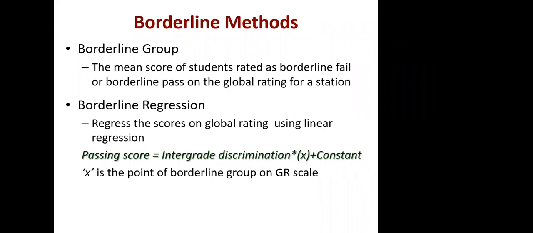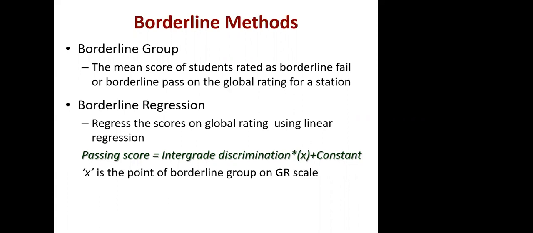On some stations, which are essential stations or easy stations, you may not have any borderline student, and then you get stuck. Or you have only one or two borderline students, and you get stuck, because now your passing score is based on just those one or two students. It is not good data. It is not good evidence to set a pass score. This is the limitation of the borderline group method.